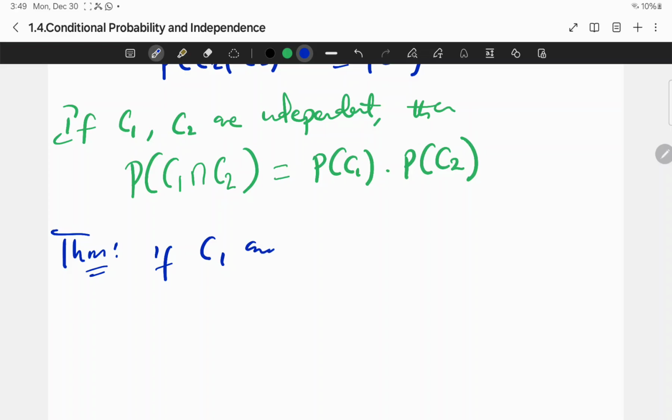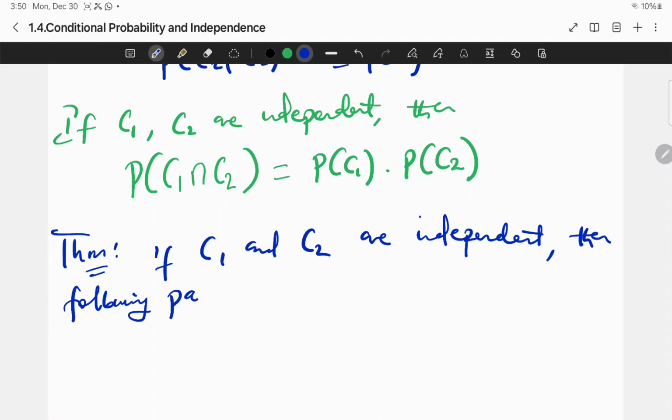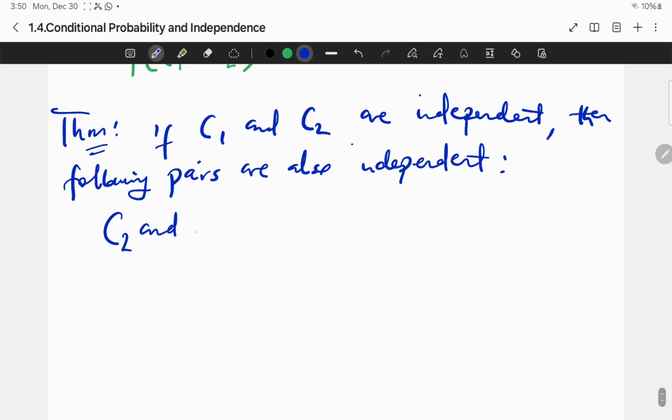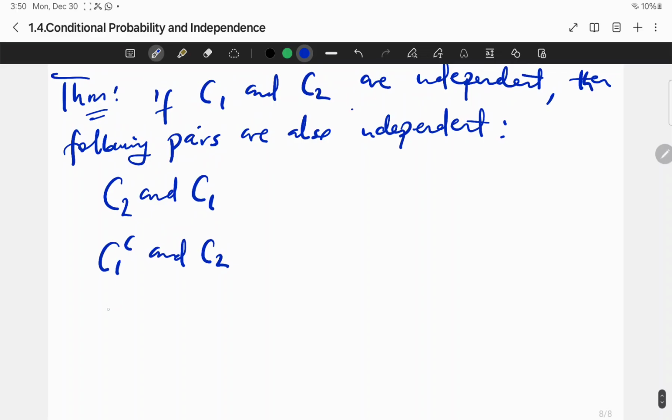If C1 and C2 are independent, then the following pairs are also independent: that is C1 complement and C2, C1 and C2 complement, and C1 complement and C2 complement.